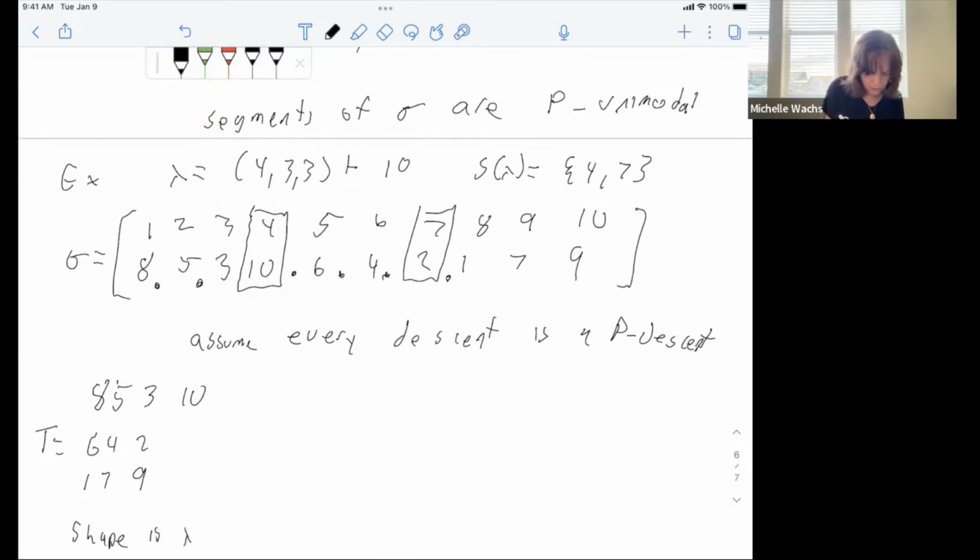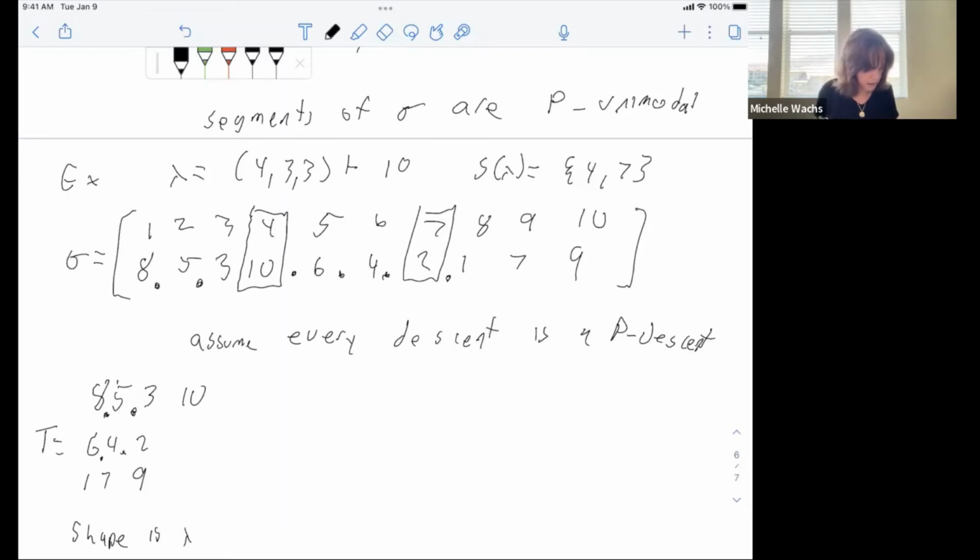And now let's look at the P descents in each row. Okay, there are the P descents. We're assuming every descent is a P descent, so those are the P descents.